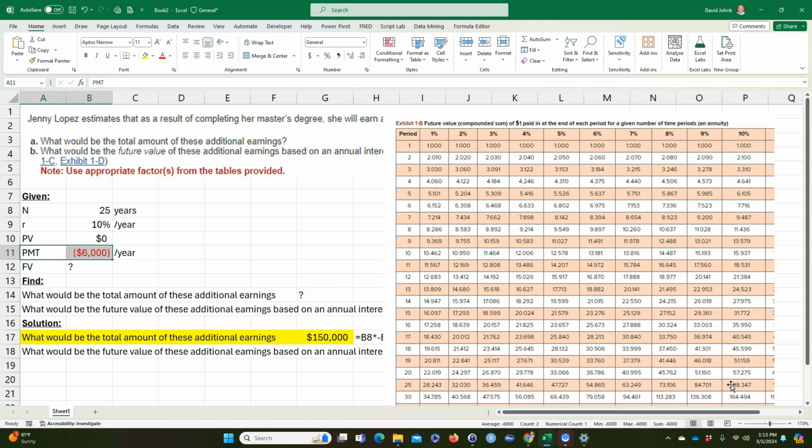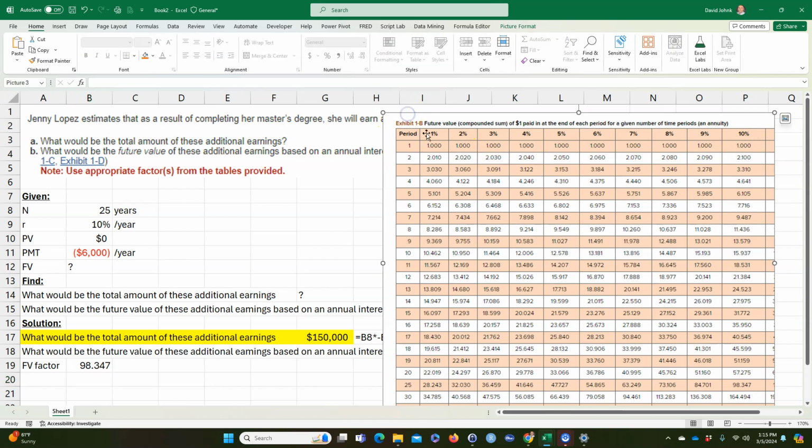And $1 invested as a payment over 25 years at 10% as an annual payment would be equal to $98.347, right? So we could put that in here. I could put in future value factor is equal to 98.347. Okay, so you can see it's 25 and 10%.